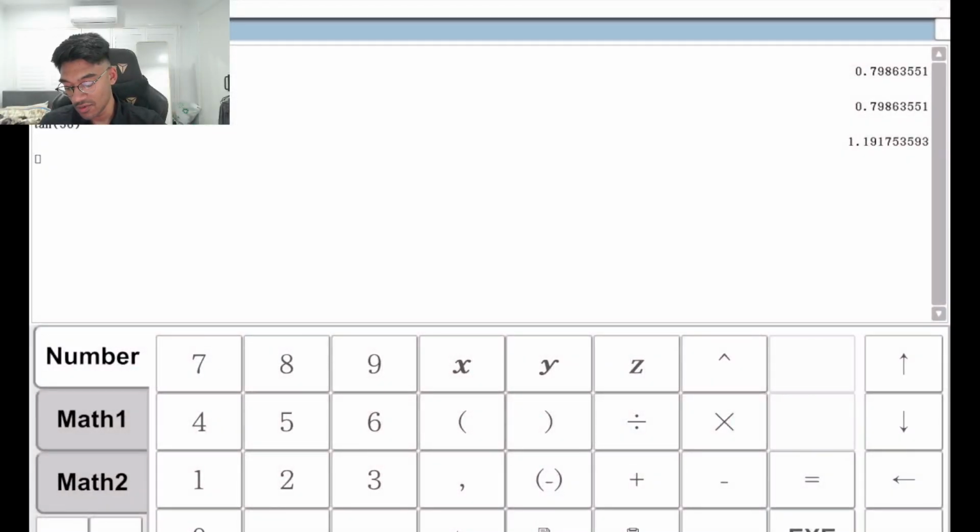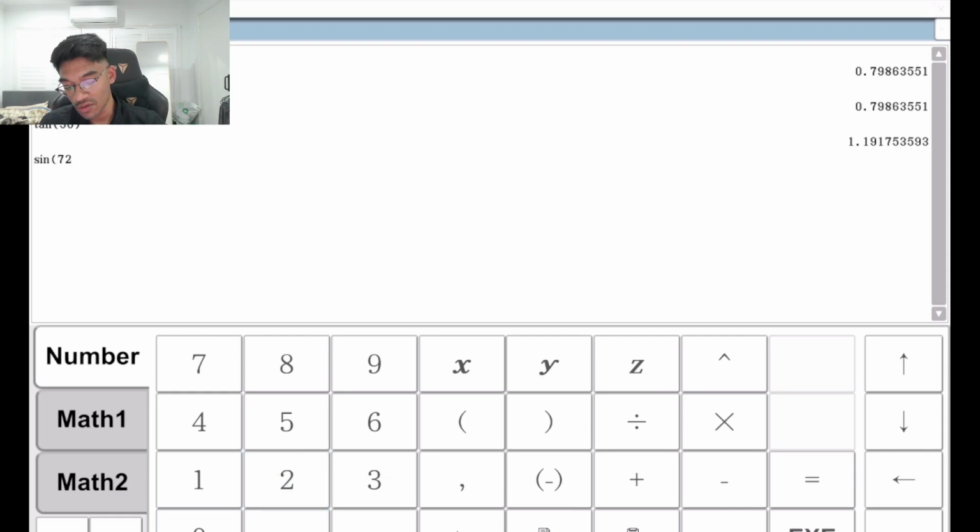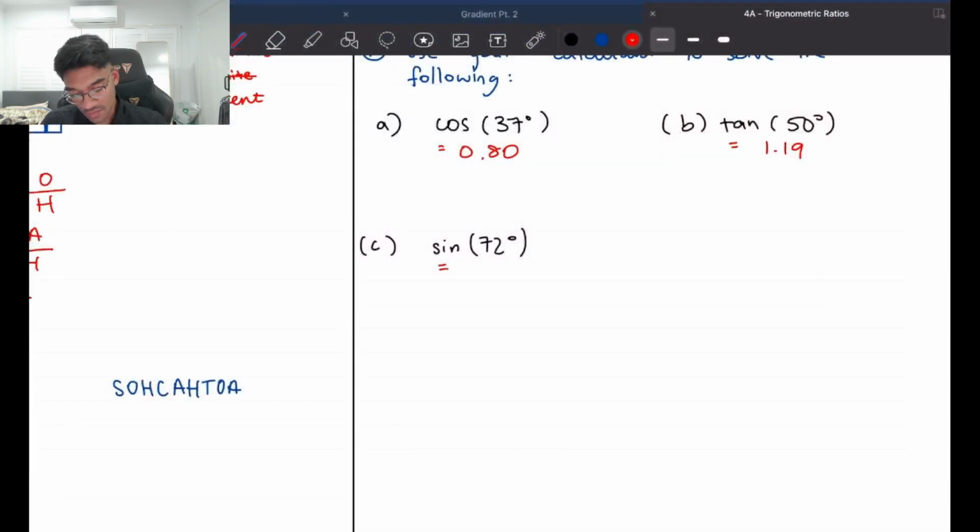So again, keyboard, math 1, sine 72, close bracket, exe. We get 0.95. So if you ever want to find out where sine is, it's on math 1. Sine, cos, and tan are on math 1. That's just you getting used to the calculator.